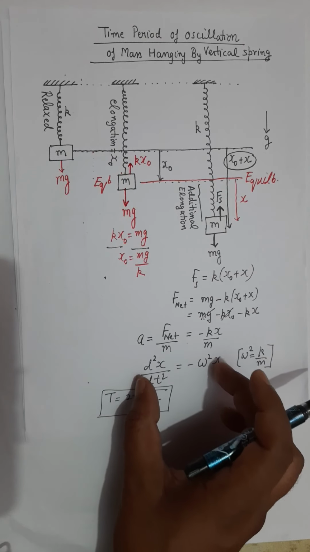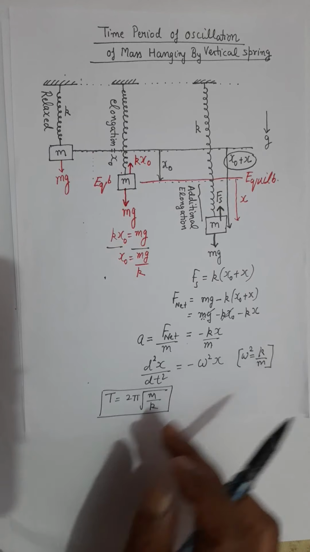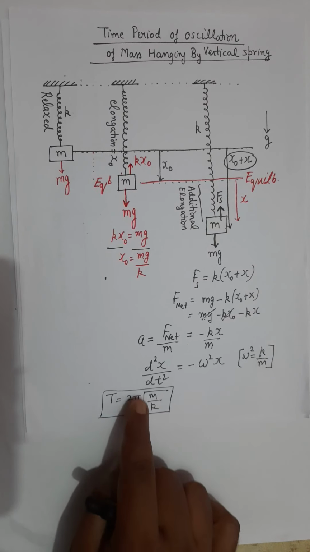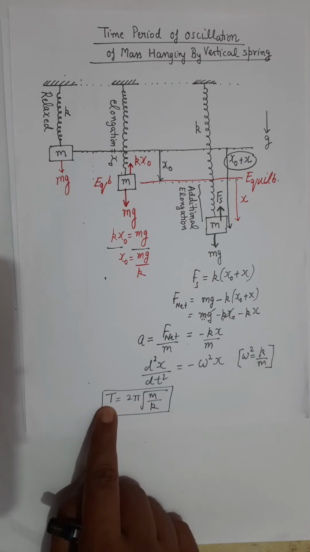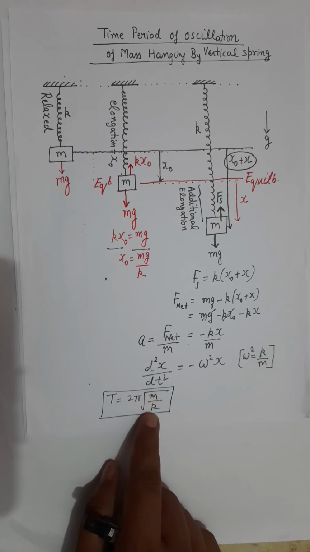This is the famous differential equation which confirms the time period will be 2 pi square root of m by k. The purpose of taking this example at this point is, in case of a vertical spring, you can use the time period formula 2 pi root m by k, ignoring gravity.